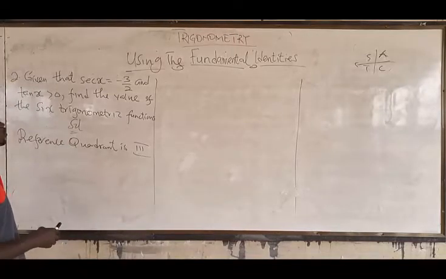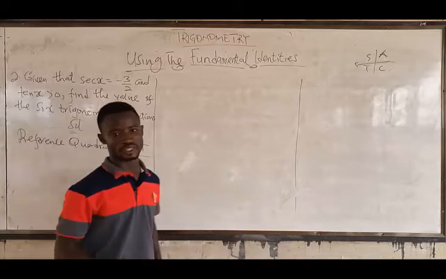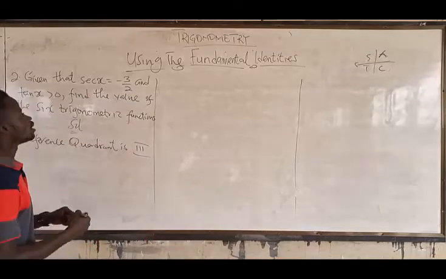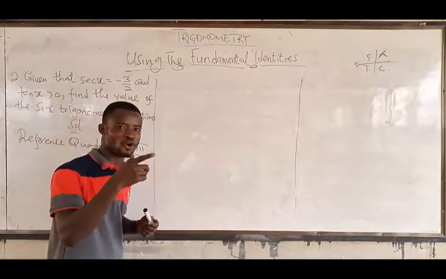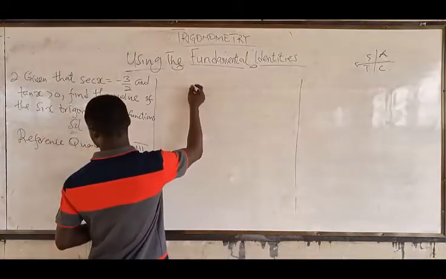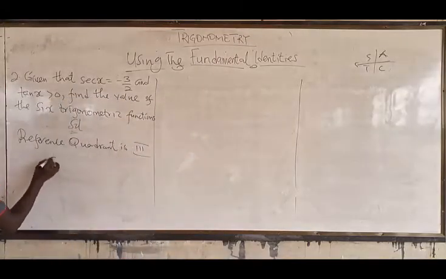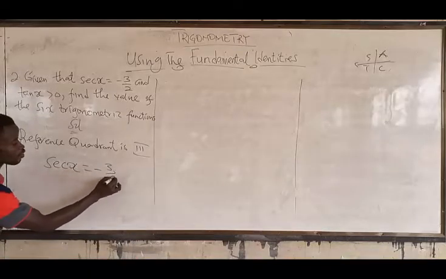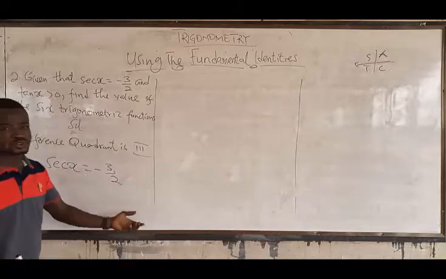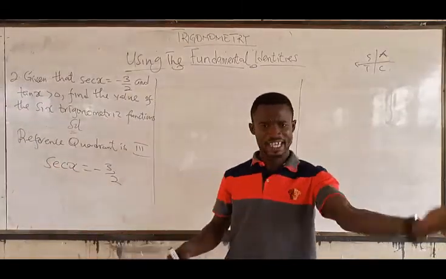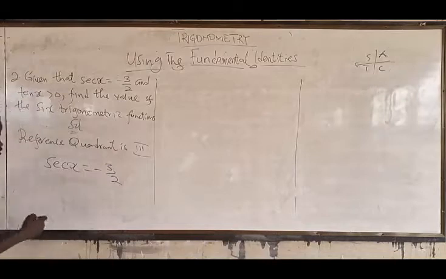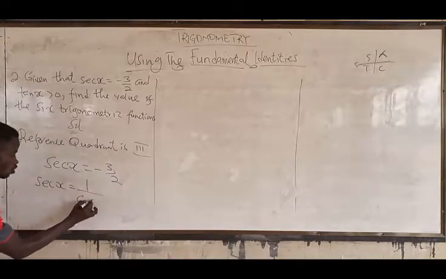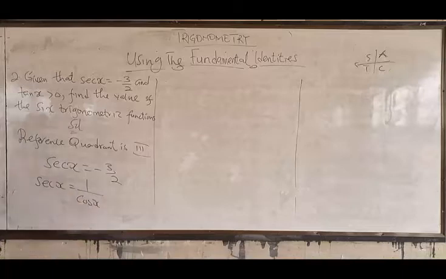Now we move on to find the value of the said trigonometric functions. So let's first go for sine or cos, but let's see. From the question, we know that sec x is negative 3 over 2. Once we know sec, going for cos will be easy for us. So let's go for cos. Sec x is 1 over cos x. I hope you can see that.